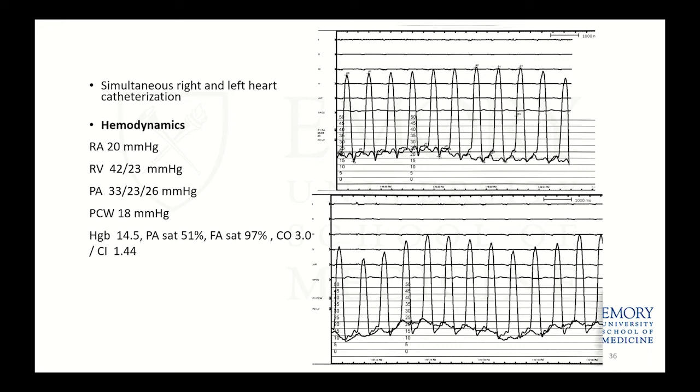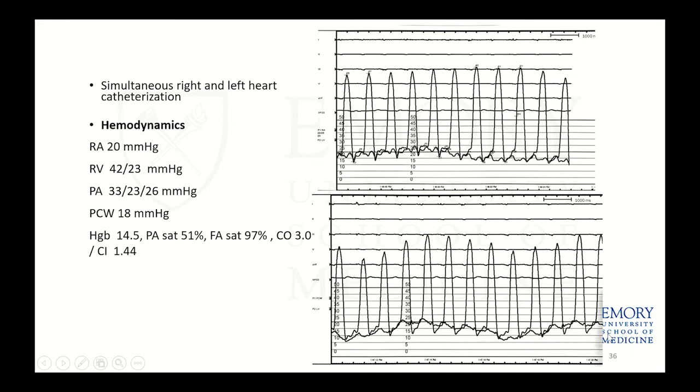So his index came back low on the right heart cath, and also, as you start seeing, this is a RA LV pressure, and on the bottom is wedge LV pressure. So you can see the gradient well above 5 millimeter mercury during expiration, and during inspiration, there's equalization.